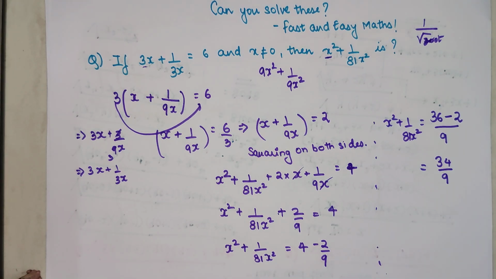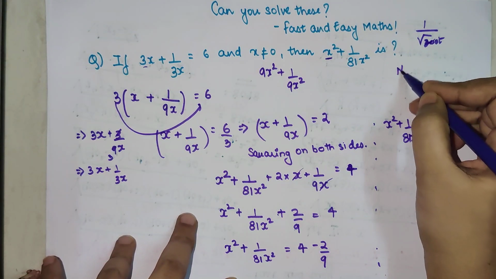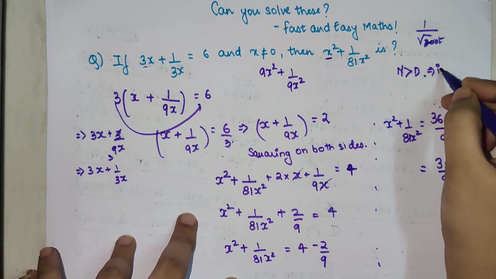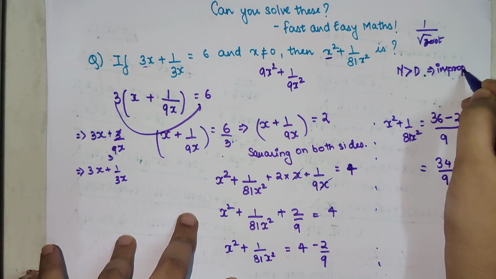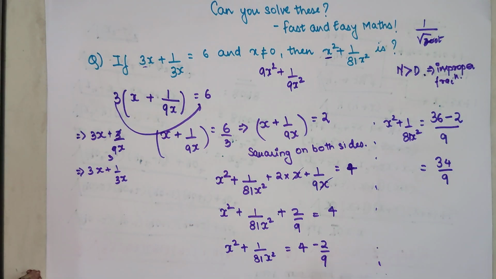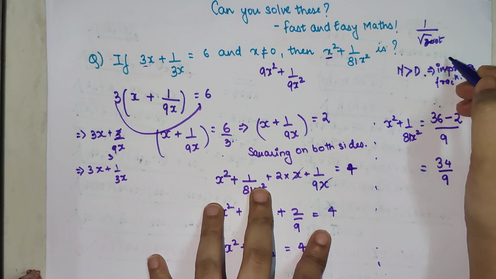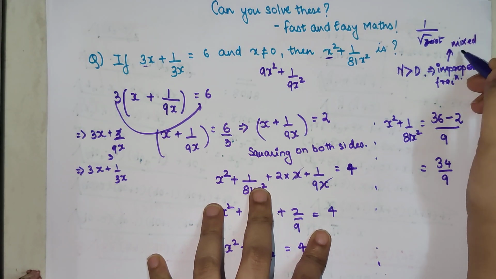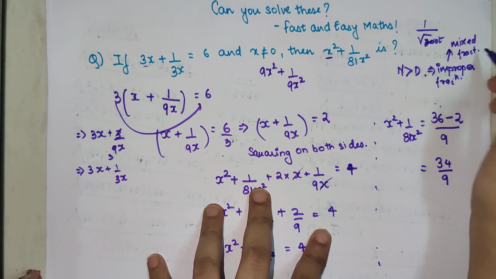What is an improper fraction? Whenever you have a numerator which is greater than your denominator, it is called an improper fraction. And if you have an improper fraction, then the best way of answering is writing your answer in mixed fraction form.